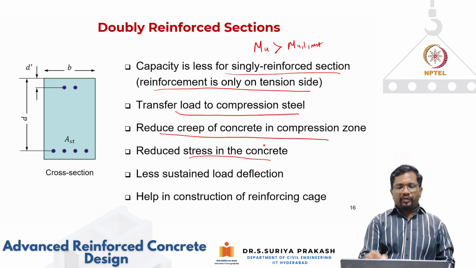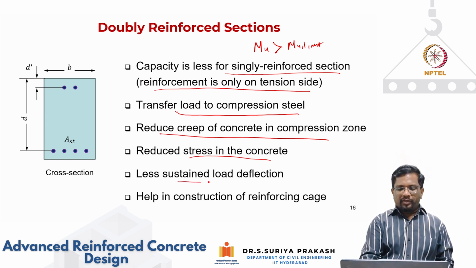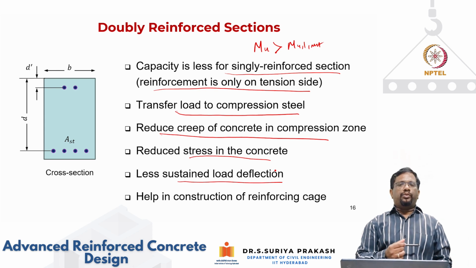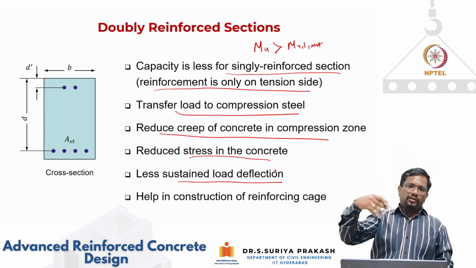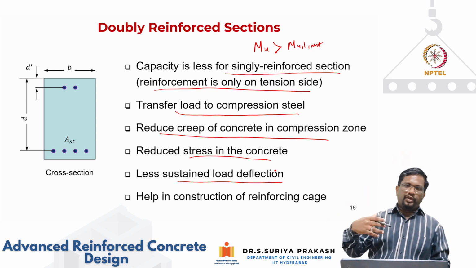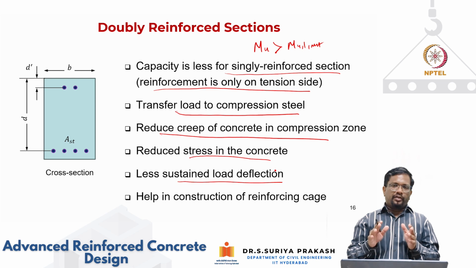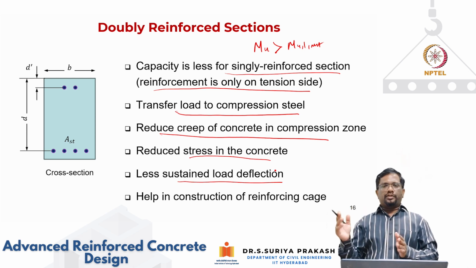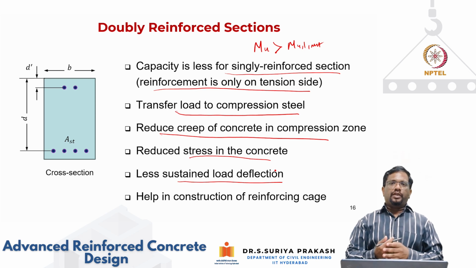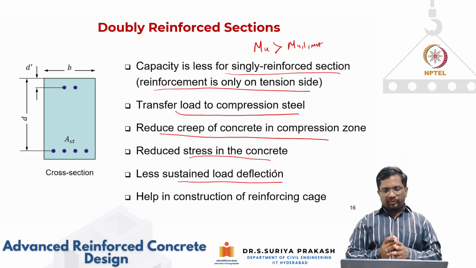So again, we have seen it in the previous parts of the module. Providing compression steel will help in reducing the sustained load deflection, because for short-term deflections, when the load increases, deflection increases. But when the load is remaining constant, the deflection will not remain constant. The deflection will keep on increasing. That's what we call long-term deflection. That happens under sustained load of dead load and some fraction of your live load.